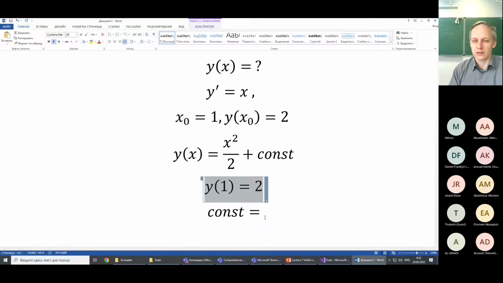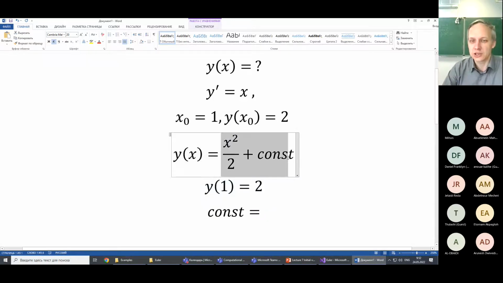The function y of x is written like this: x squared over 2 plus some constant. But we know that y of 1 equals 2. What is the value of the constant?